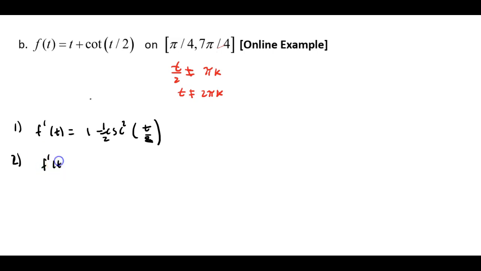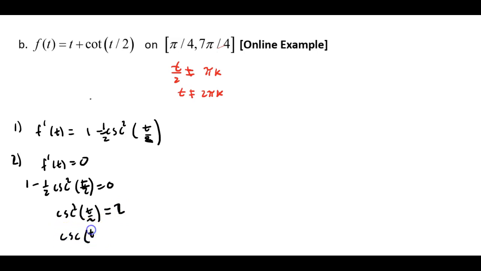So f prime of t is going to be equal to 0 when 1 minus 1/2 cosecant squared of t over 2 equals 0. We can subtract the 1 and then multiply by 2. We get cosecant squared of t over 2 equal to 2. Taking the square root of both sides, we get cosecant of t over 2 equal to root 2.